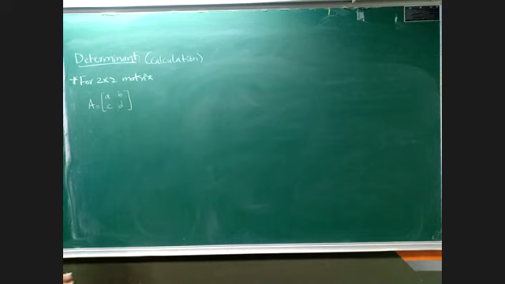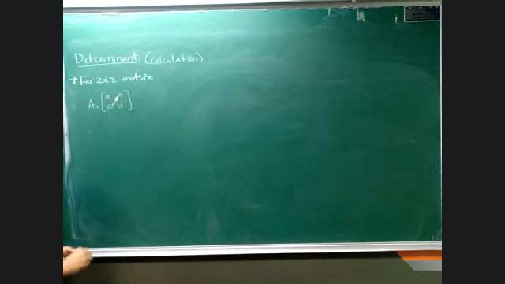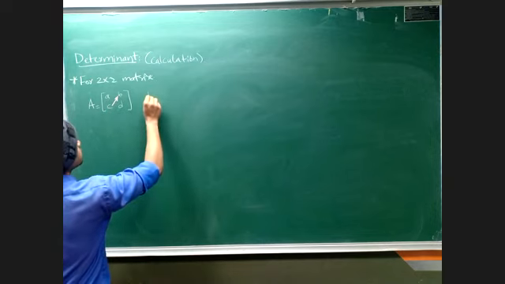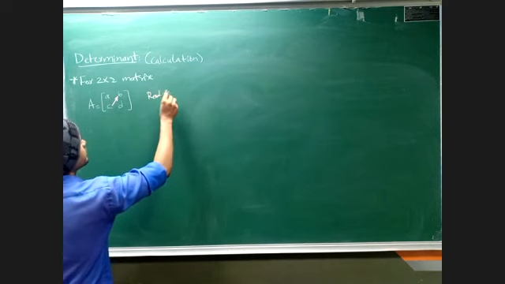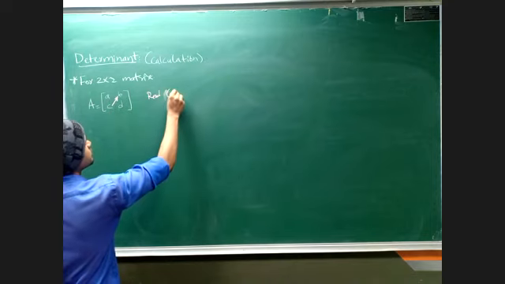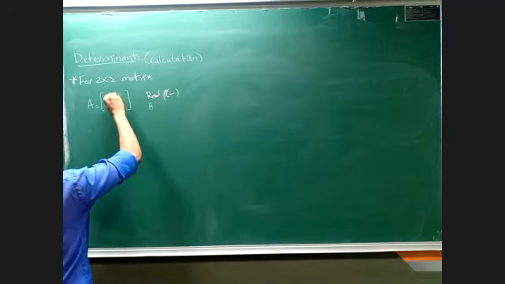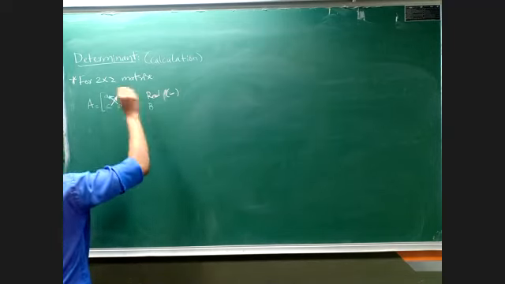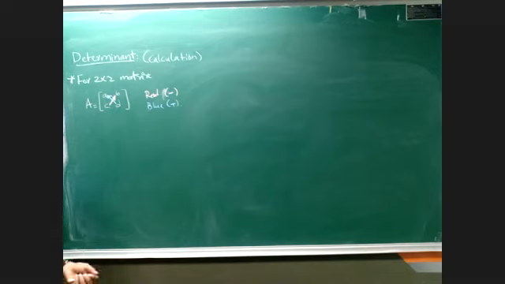Red denotes negative, and blue means positive. So remember this whenever you have a 2 by 2 matrix.